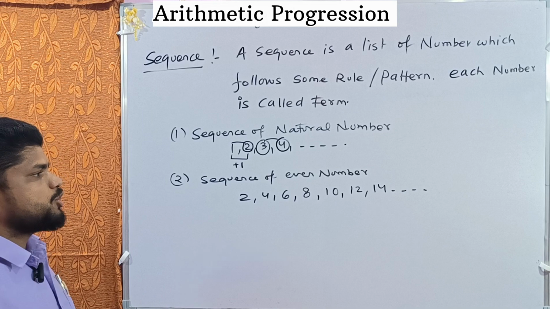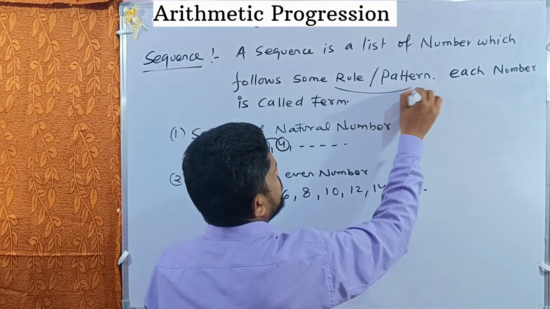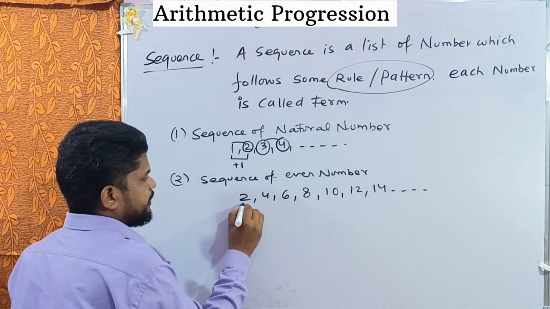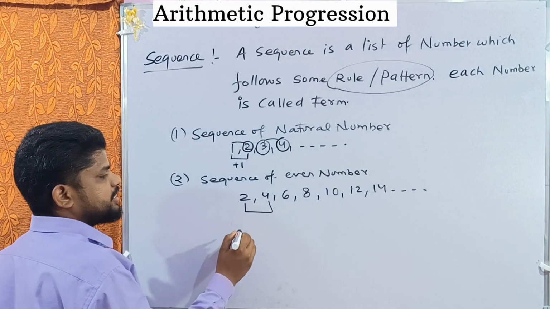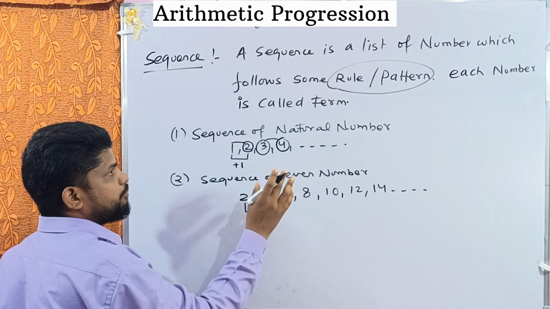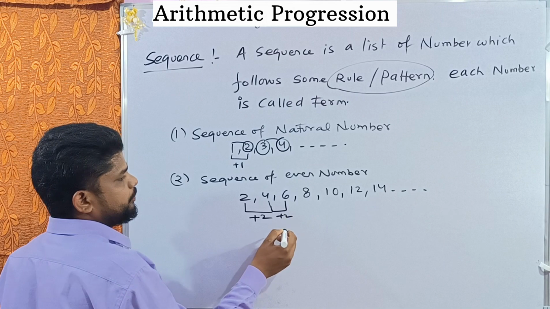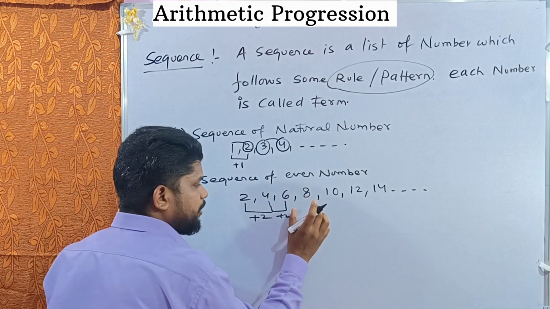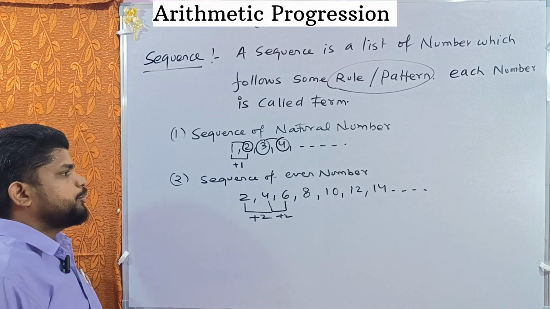These are our sequence of even numbers. You can see that they follow some special rule or pattern, like each preceding term differs from the successive term by some pattern. Here it is plus 2, here also plus 2. Each term differs from its successive term by plus 2.